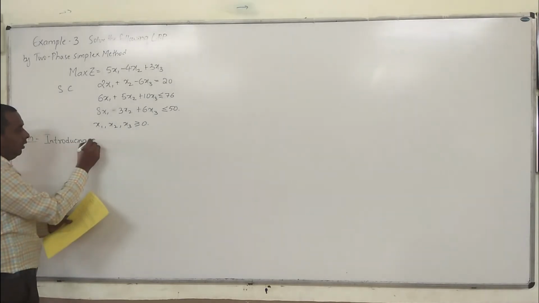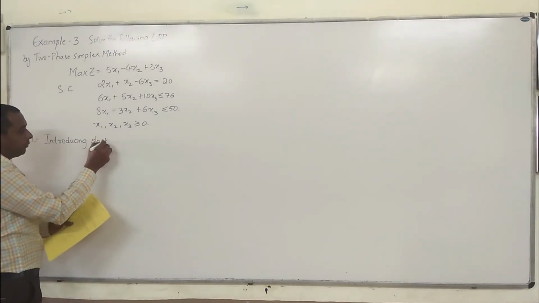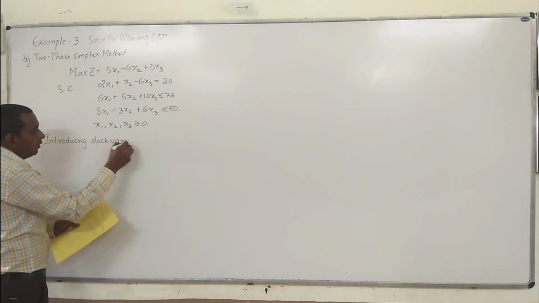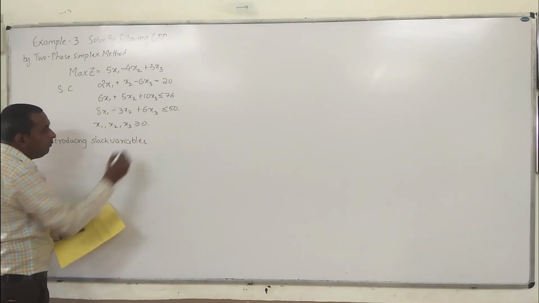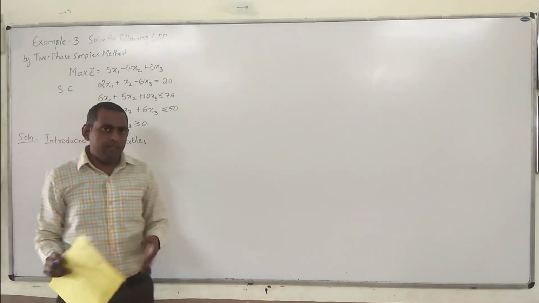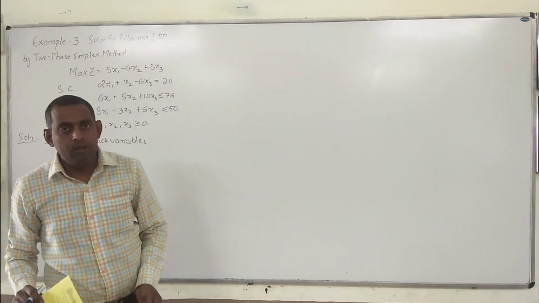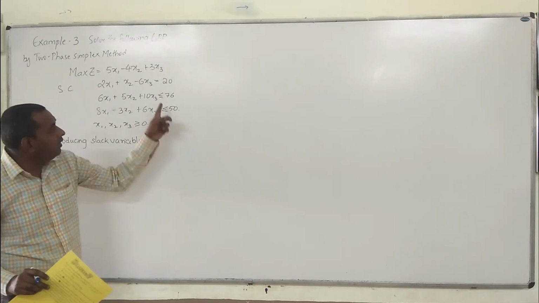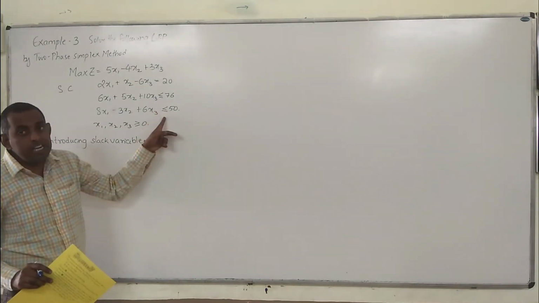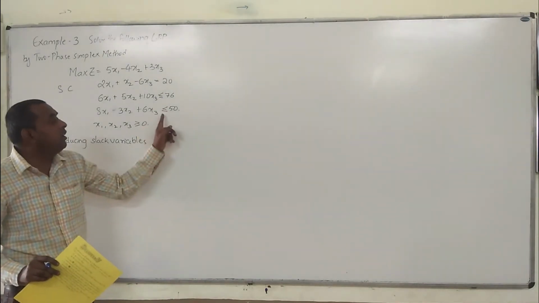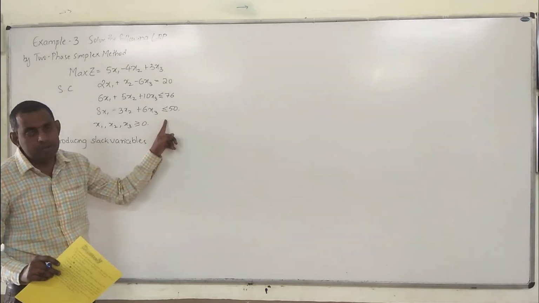Solution: introducing slack variables. The question arises, why are we supposed to introduce slack variables here? The reason is that two of the constraints are of less than or equal to type.